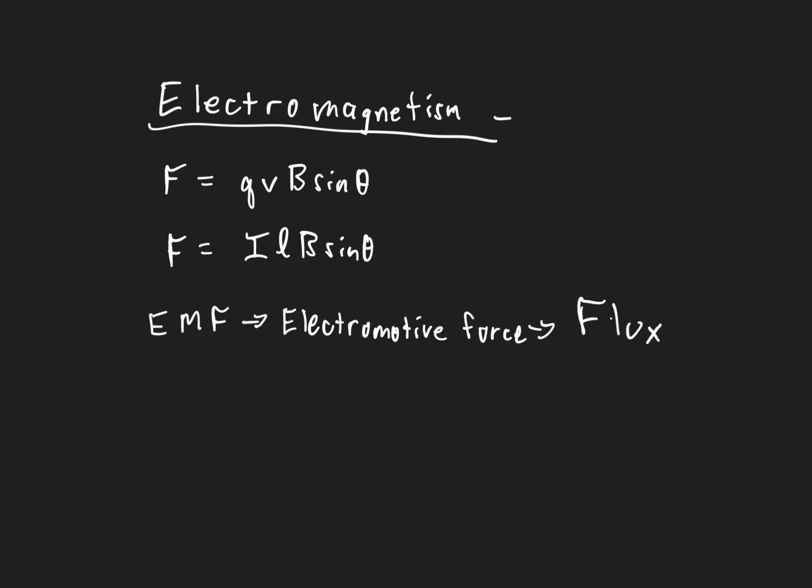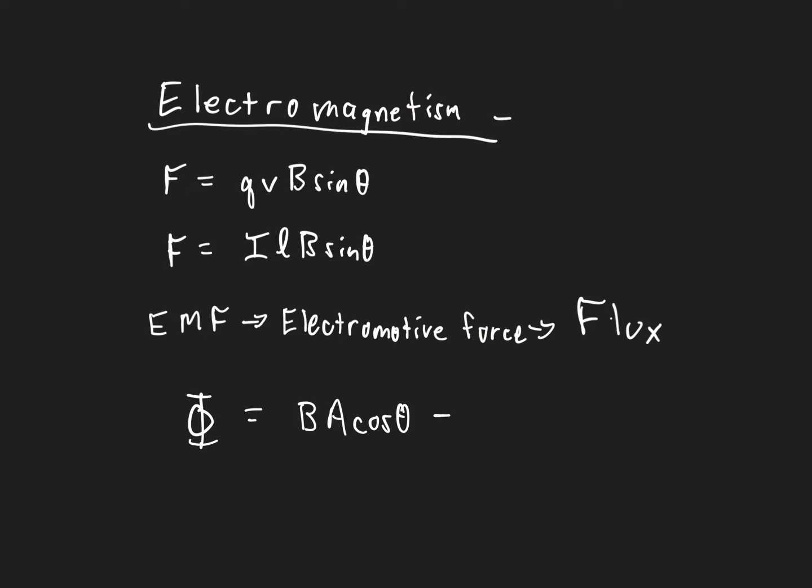What's the symbol for flux? Nobody knows the Greek alphabet, so let me write in the air what it looks like. I think somebody said it, phi. This is the Greek letter phi. This is magnetic flux. Flux is B times A times cosine of theta.